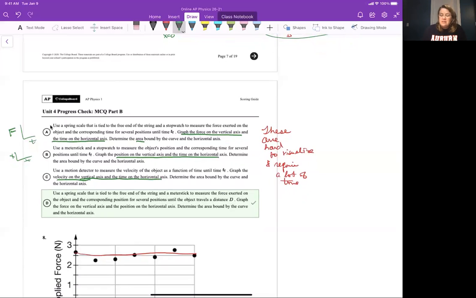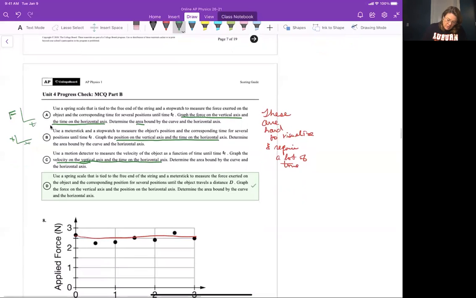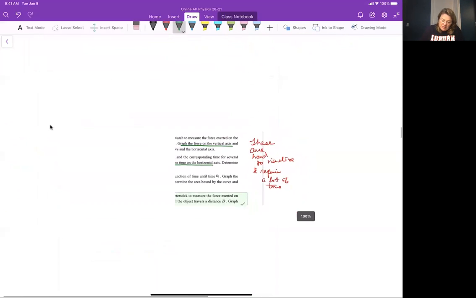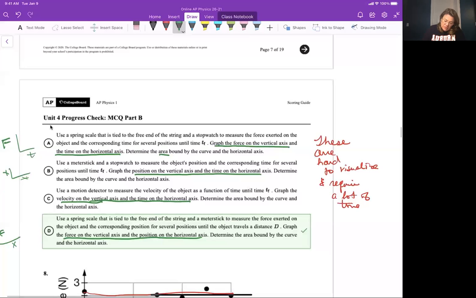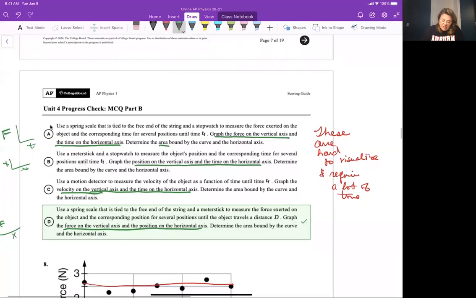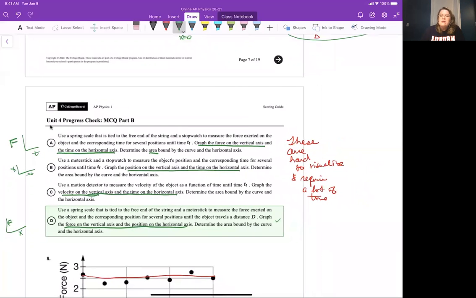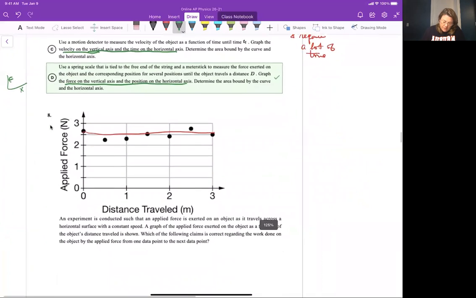The area of that doesn't give me work. Graph the force versus position. So my advice on some of these is, you can spend all day trying to evaluate this. I would focus on your answers and see if you can use some process of elimination, because none of those areas in A, B, and C were going to give me units of work.